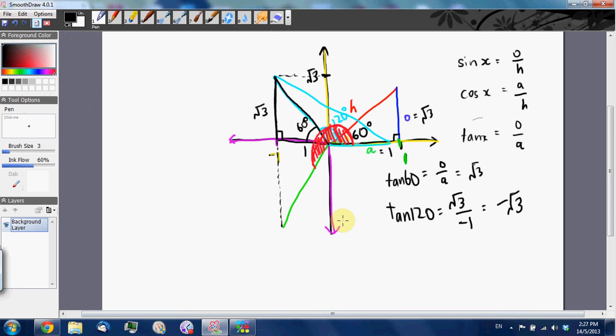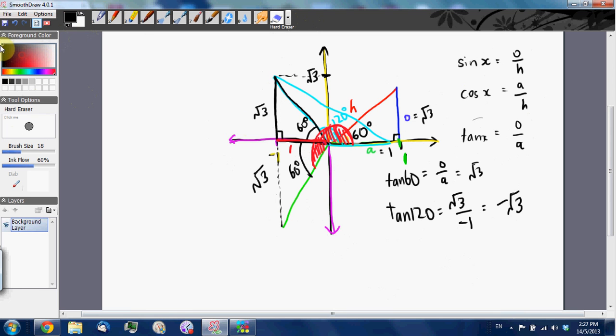Again you can see that this is 60 degrees. So again, the length is root 3, and the length of this red line that I'm going to draw now is 1 again. Just erase anything else that confuses you.